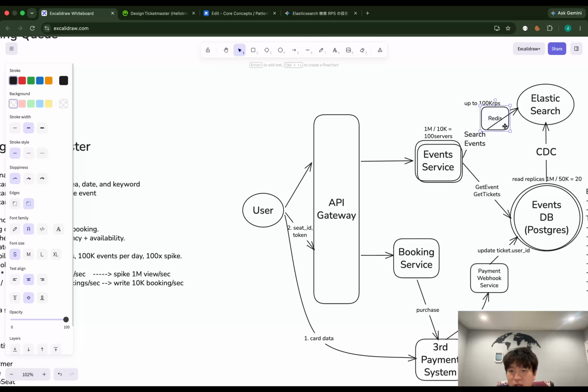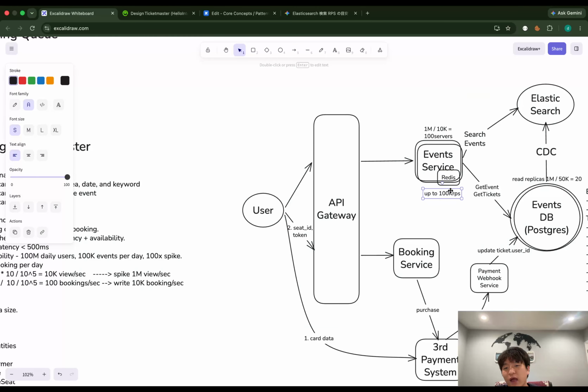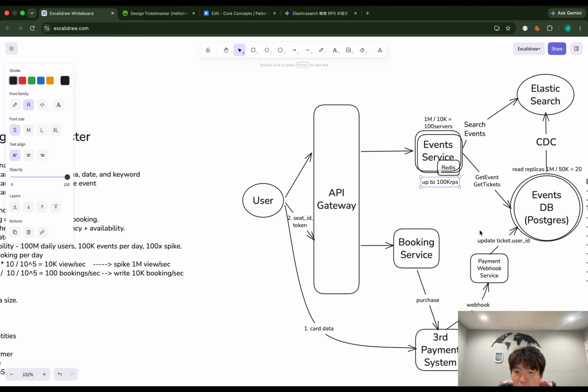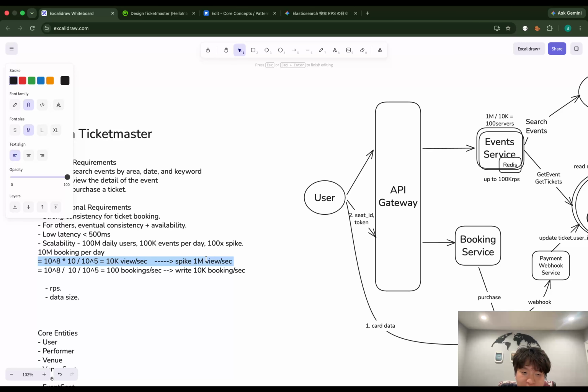Ease of work. So in that way, we don't have to use a Redis cluster just for the spike time. Okay, so that's about the read requests per sec.